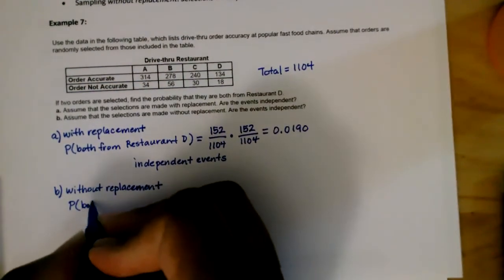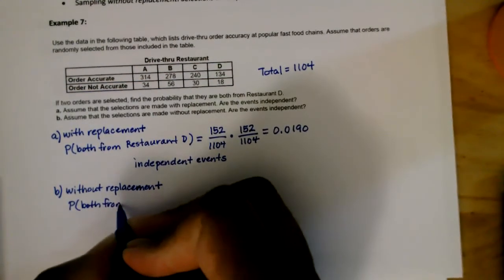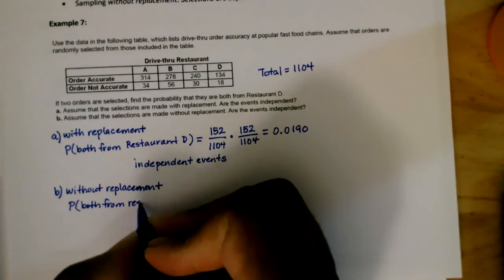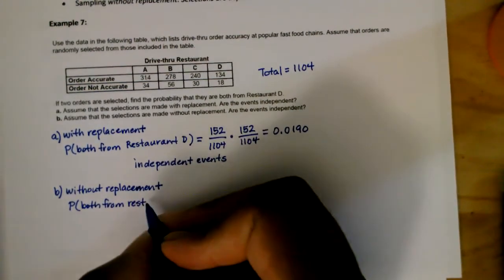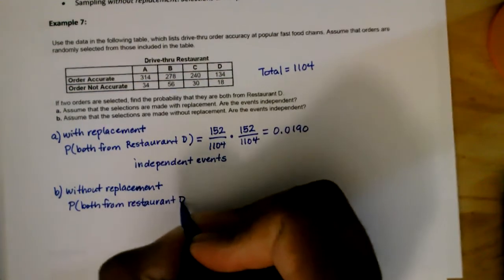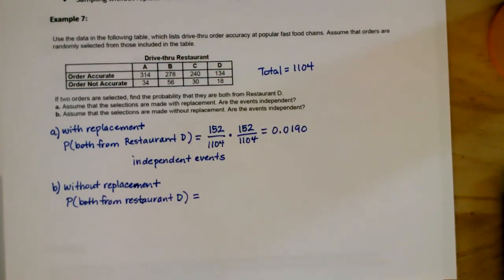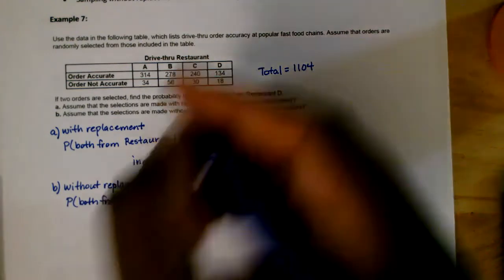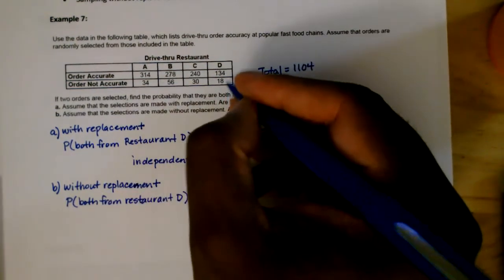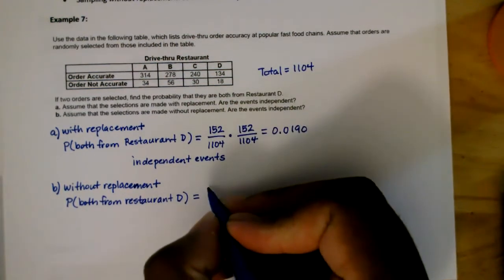We want the probability that they are both from restaurant D. Well, the first order that we select from restaurant D, we're going to be selecting a total of 152 out of 1104.